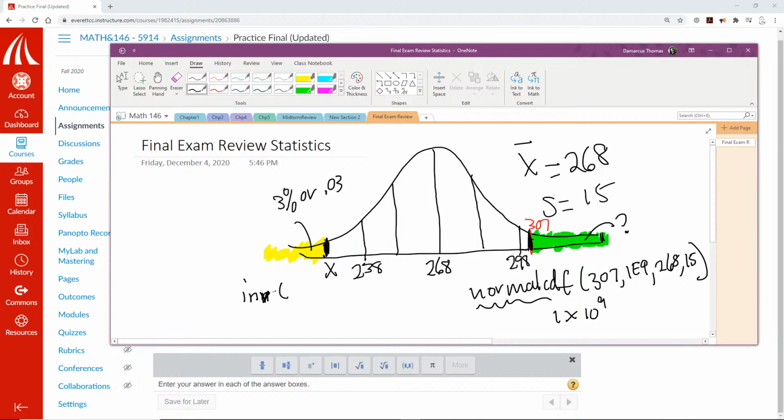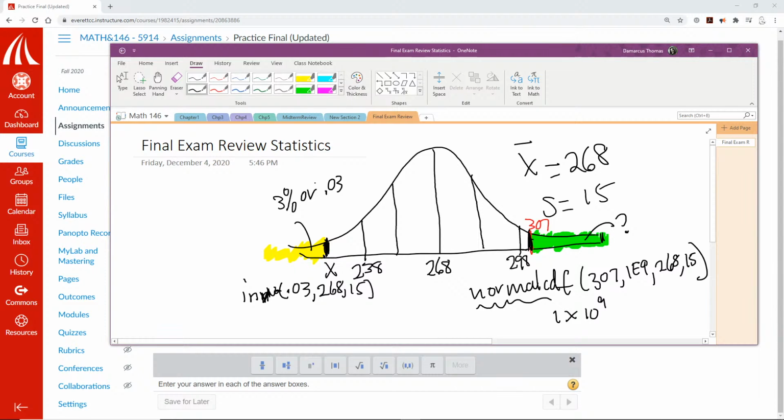I'm going to put an inverse norm, and then I'm going to put in the proportion, which is 0.03. I have to put in the decimal equivalent of the percentage, and then I have to put in the mean and the standard deviation, which is 15. So inverse norm will accept 3 things. That's a big difference between normal CDF and inverse norm.